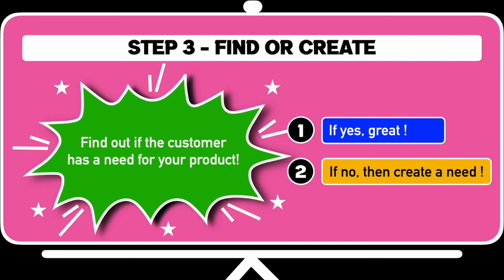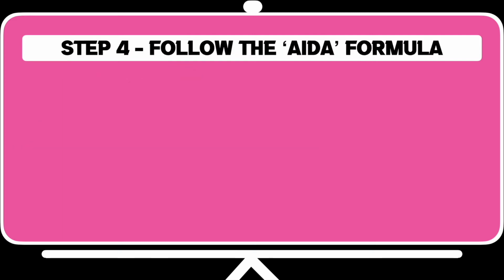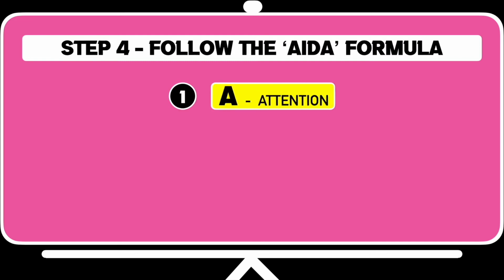Now that we have looked at the 3 steps we need to consider before writing a sales letter, I would like to look at the 4 steps we need to follow while writing the sales letter. Now, this word AIDA is actually an acronym, and the A letter stands for grabbing the attention of the customer.